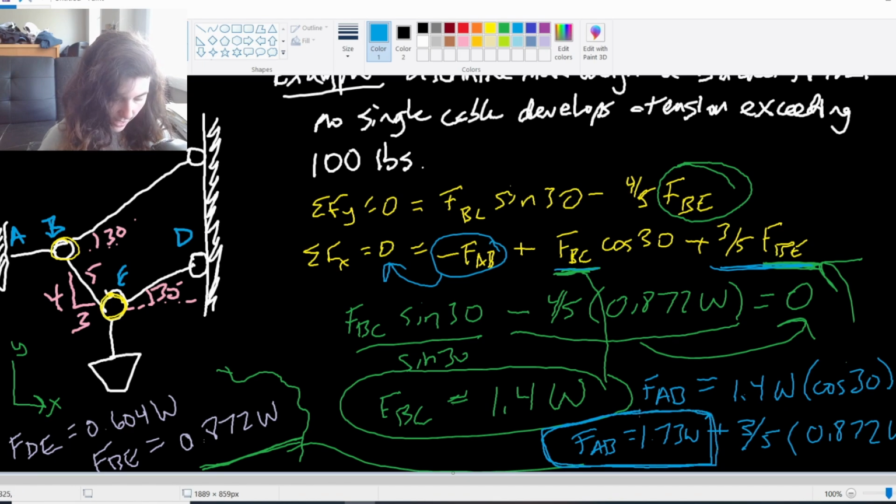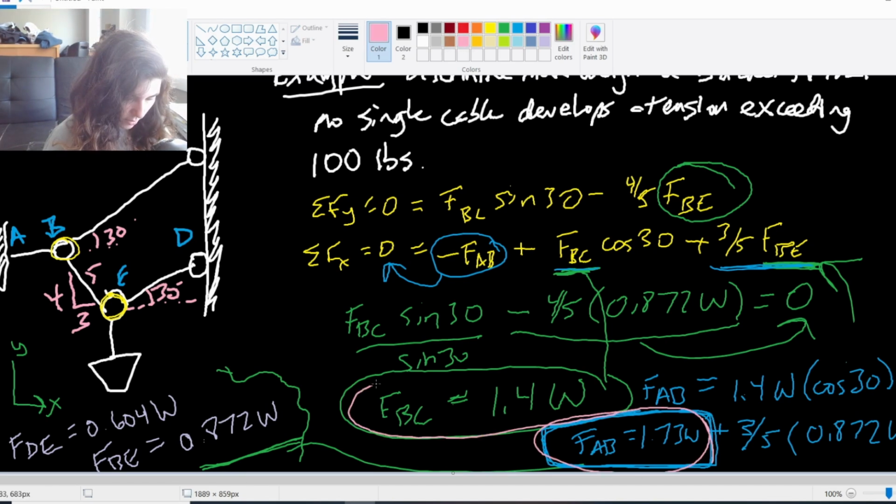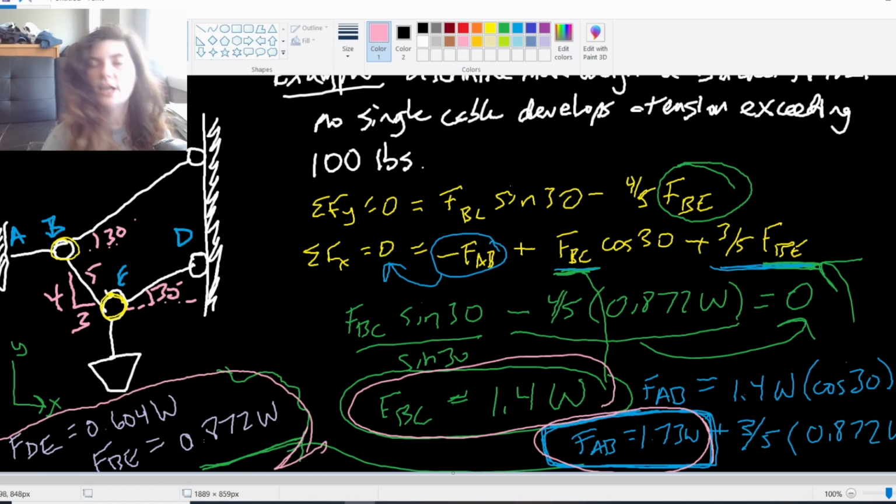So this is our highest contender. And if you're not sure which one of these 4 equations you need to be checking to see what the max weight could be, we could plug in 100 into all of these equations, right? The maximum they can be is 100.